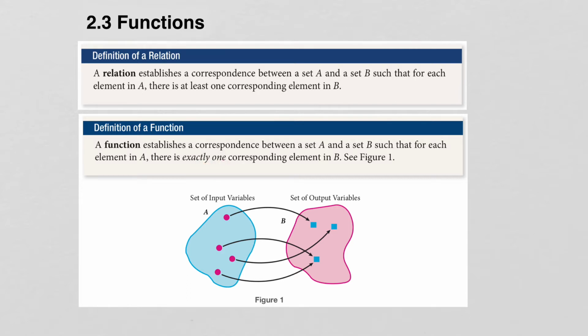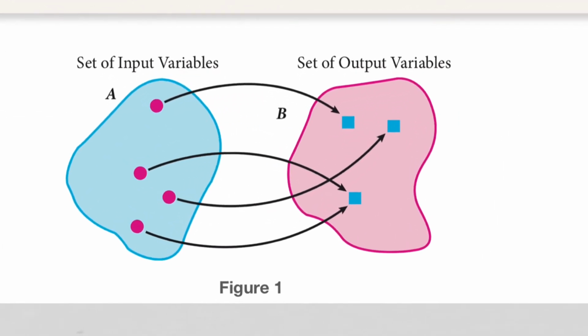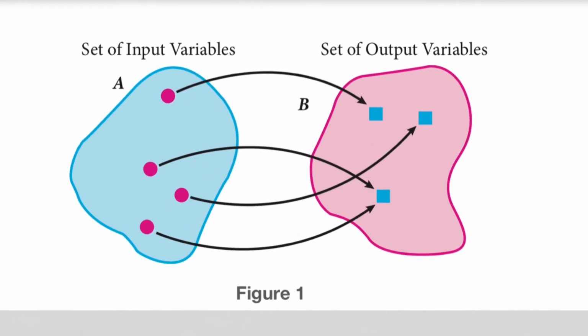So we have a nice little picture here that kind of shows you a diagram of what it means to be a function. And what you can see here is that we have this set A, which consists of 4 elements, and those elements are just these dots that you see right here.